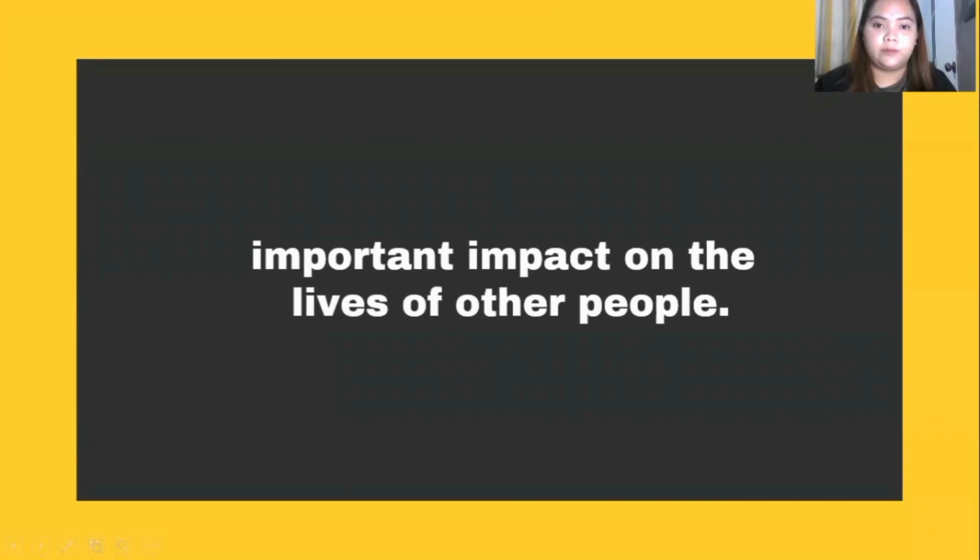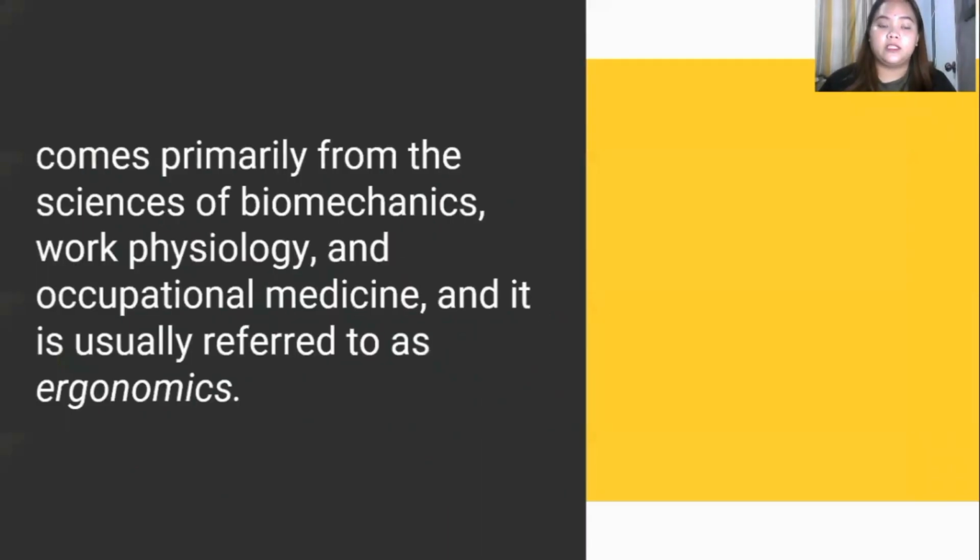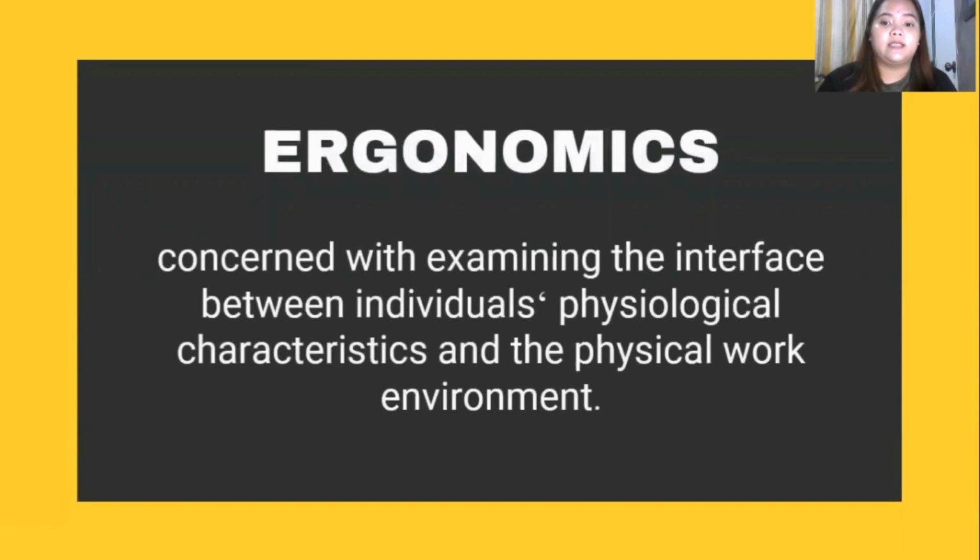So our next approach is the biological approach. The biological approach comes primarily from the science of biomechanics, work physiology, and occupational medicine, and it is usually referred to as ergonomics. So what is ergonomics? Ergonomics is concerned with examining the interface between individual physiological characteristics and the physical work environment.